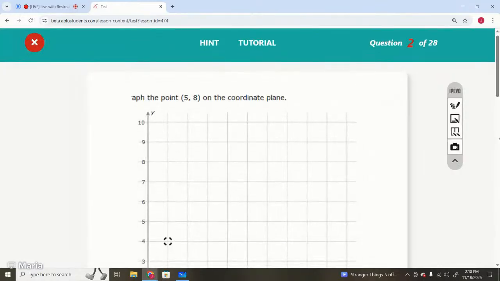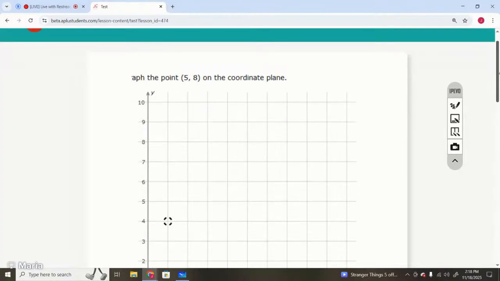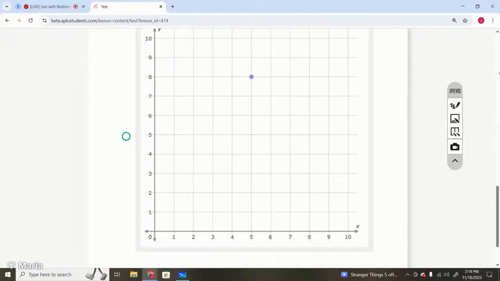Graph the point 5, 8 on the coordinate plane. So move right 5 points and up 8 points. Sorry, right 5 and up 8.